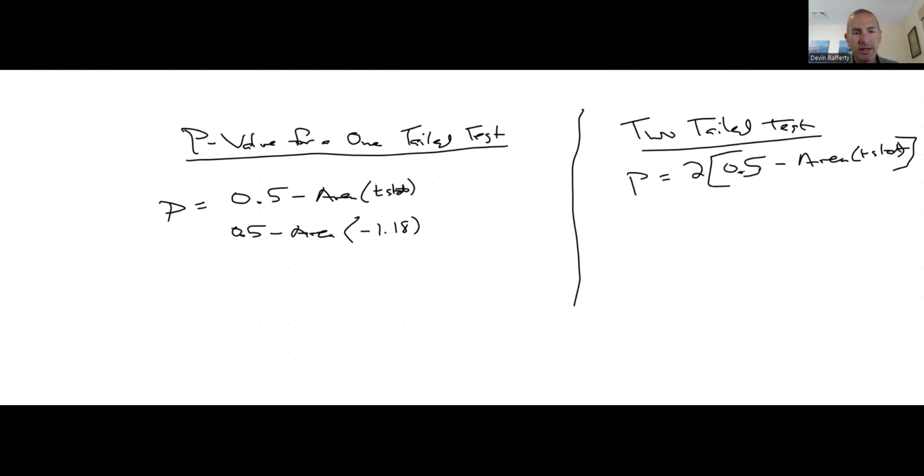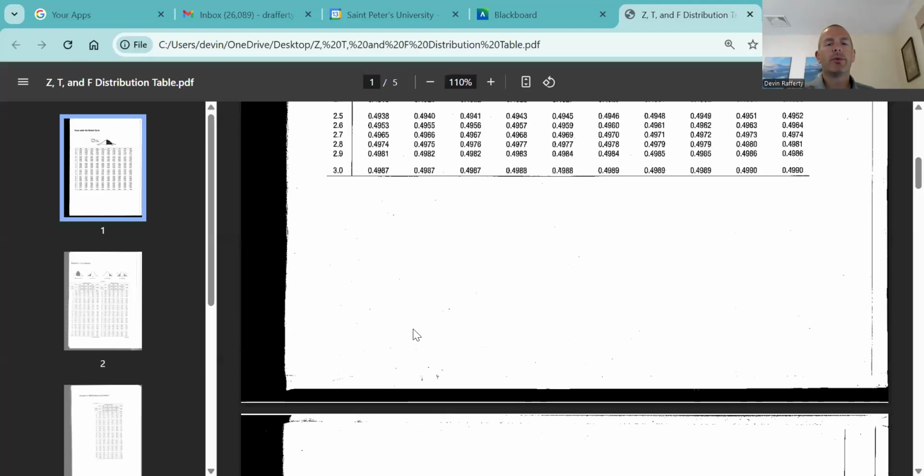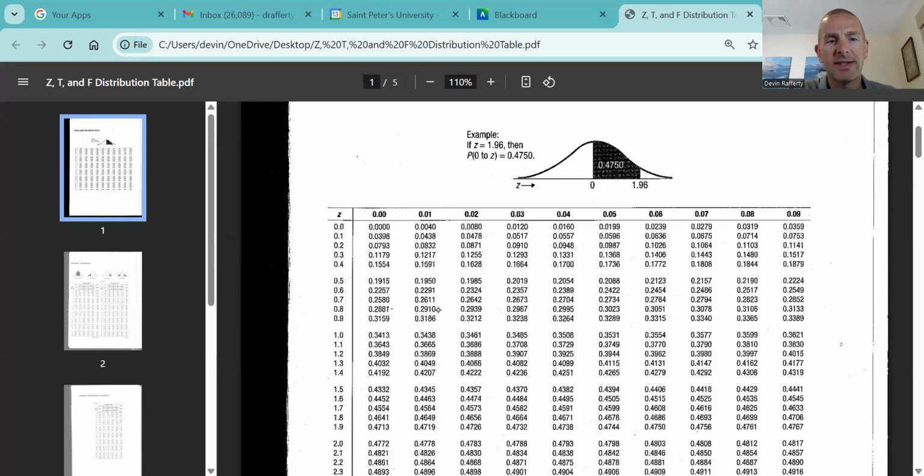So we go to the Z distribution. Our test statistic of 1.18 can be broken down into 1.1 and 0.08. 1.1 and 0.08 gives us 0.3810. We don't need to make this negative either.